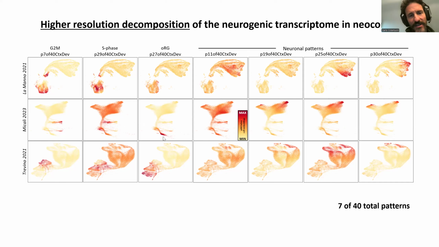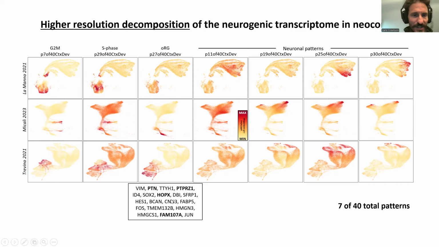And here's another progenitor signal that isn't about cell cycle, isn't about IPCs, but is about radial glia, and a particular slice of radial glia, as we'll see in a moment. I gave it away a little bit with the label there, but we'll see why I labeled it ORG in a second.